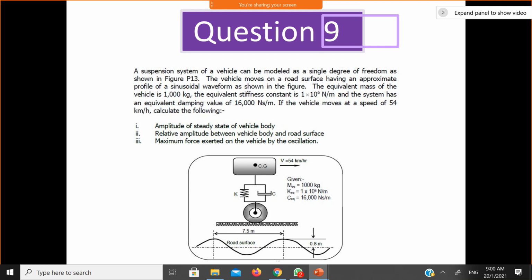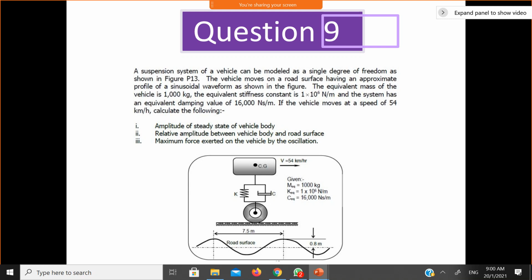If the vehicle moves at a speed of 54 km per hour, we need to find the amplitude of steady state vehicle body, relative amplitude between vehicle body and road surface, and maximum force exerted on the vehicle by the oscillation.